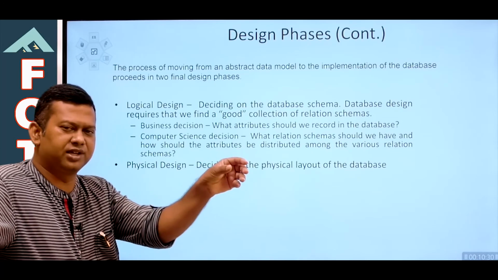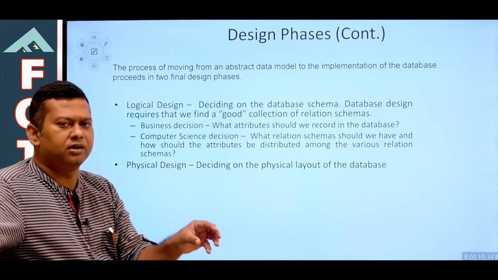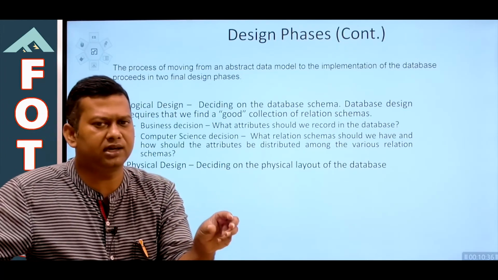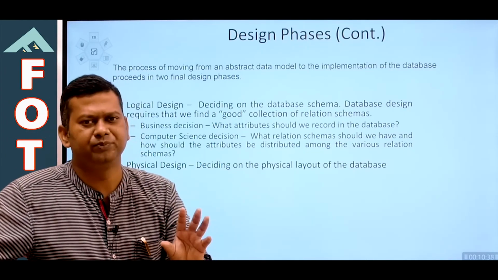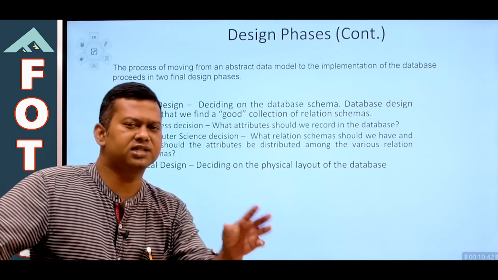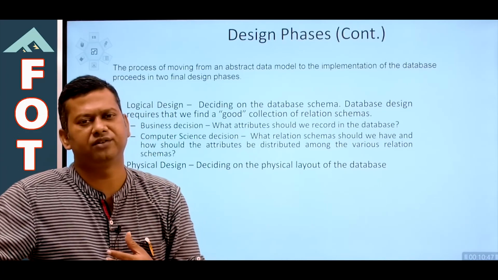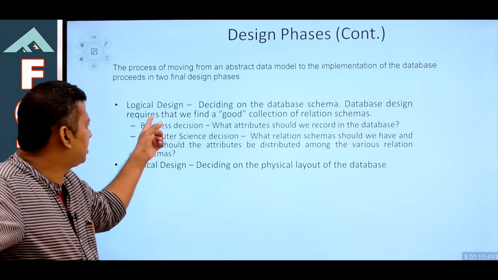Salary information should be kept in some salary table. Like that, how do I group related data into one table? Then how many tables will I get? What is the relationship between tables? All those things I should identify, which is called my logical design.